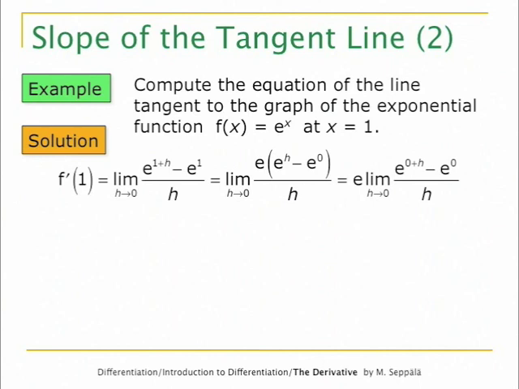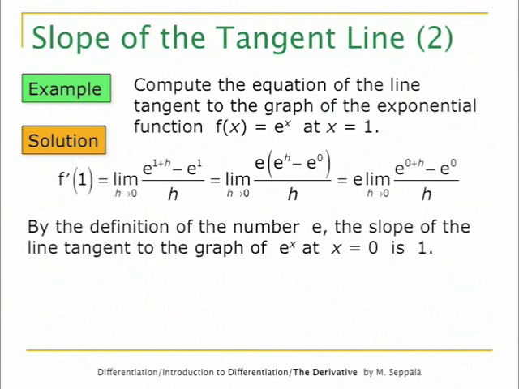So in the numerator, we may take e as a common factor. And this multiplicative factor can be taken outside of the limit computation. And we observe that the derivative of the exponential function at the point x equals 1 is e times the limit as h approaches 0 of the quantity e to the power 0 plus h minus e to the power 0, divided by h.